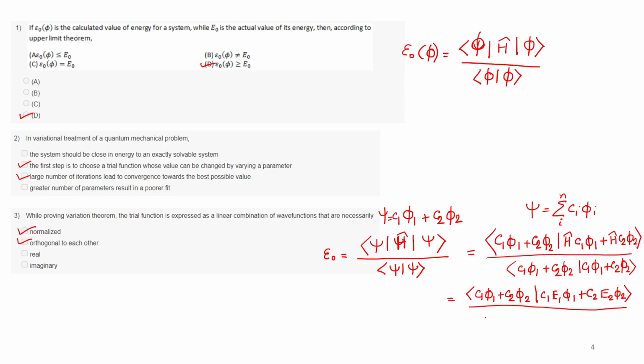Now here we are going to have C1 star C1 phi 1 phi 1, C1 star C2 phi 1 phi 2, plus C2 C1 phi 2 phi 1, plus C2 C2 phi 2 phi 2.